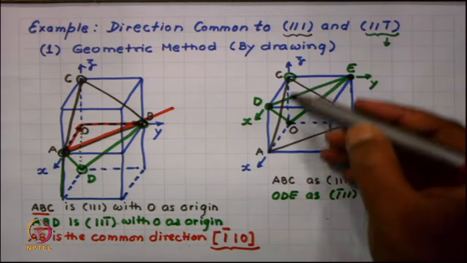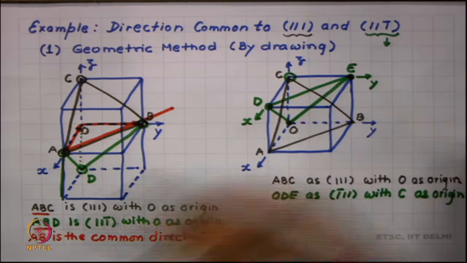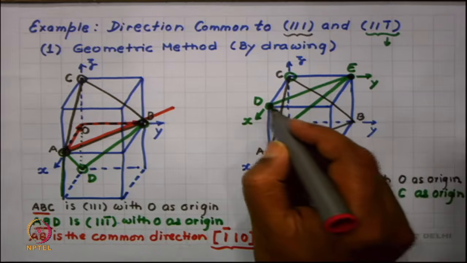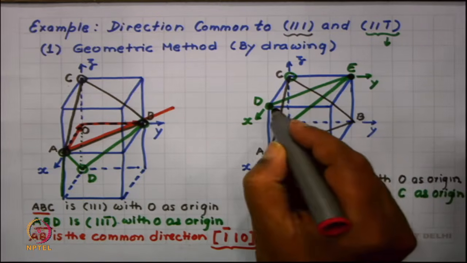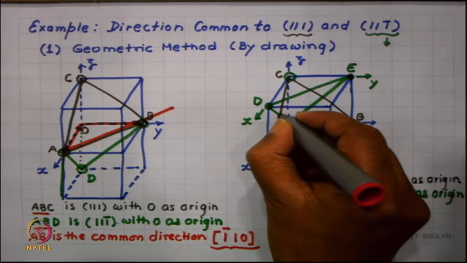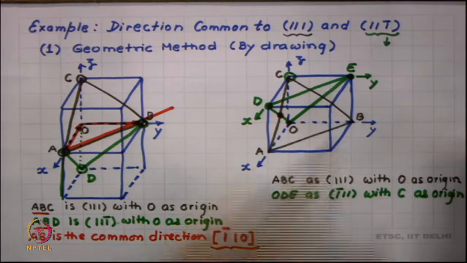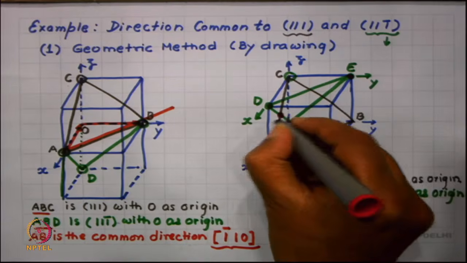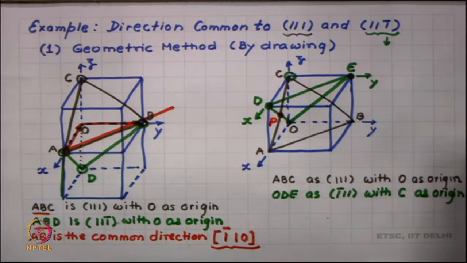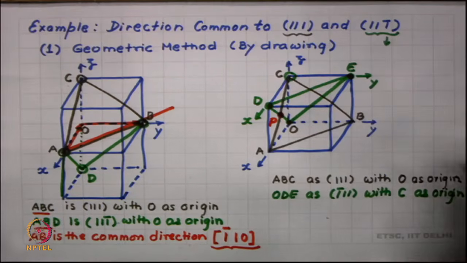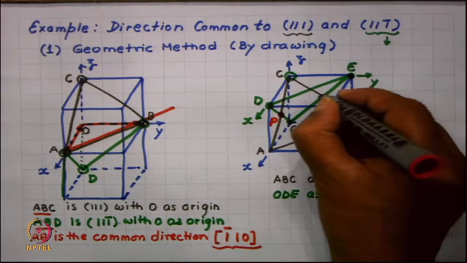Observe that I have drawn one of the planes in black, the other in green, and on the left face of the cube, one of the black lines is intersecting with the green line. So, one of the intersection points of these two planes is lying on the left face, and I call that P. Another intersection point is on the back face of the cube, again OE is lying on the green plane, BC is lying on the black plane.